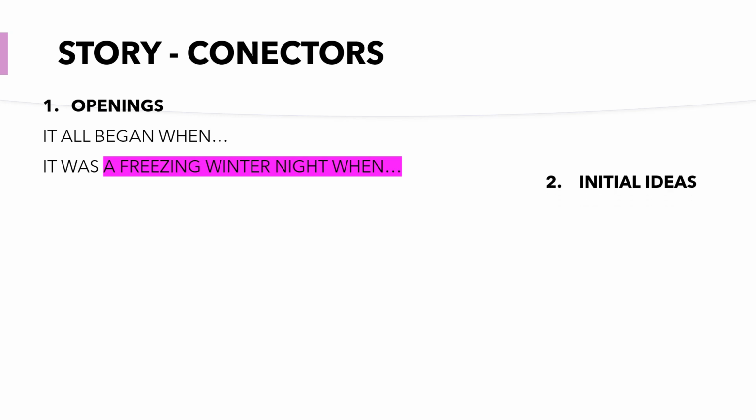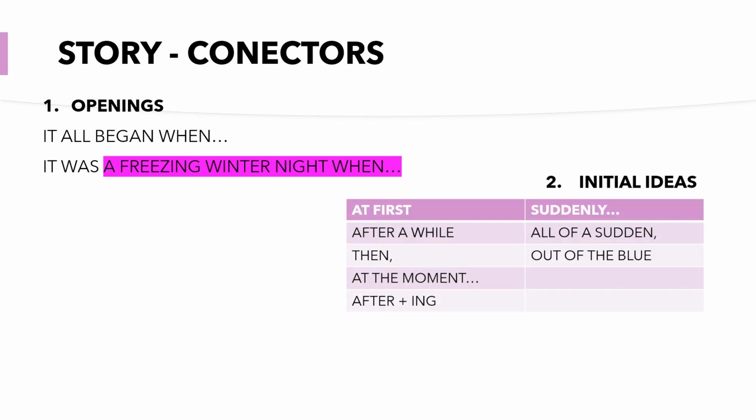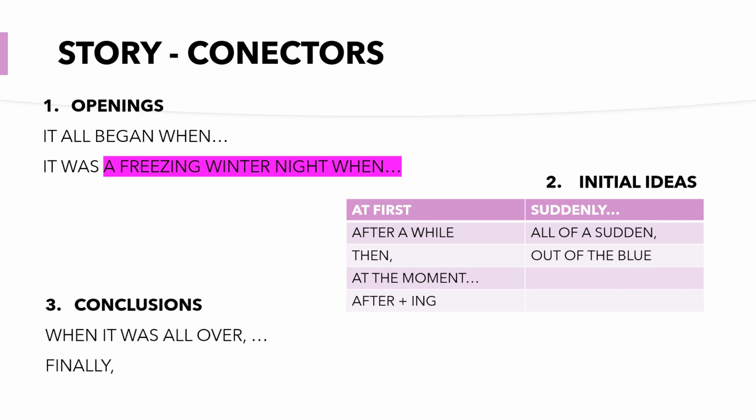In the second, we can use initial ideas, for example, to describe how the situation was going on: at first, after a while, then, at the moment. Or when something happened in that very situation, we can use when suddenly, all of a sudden, out of the blue. And for the third paragraph, we use the conclusions: when it all was over, finally.